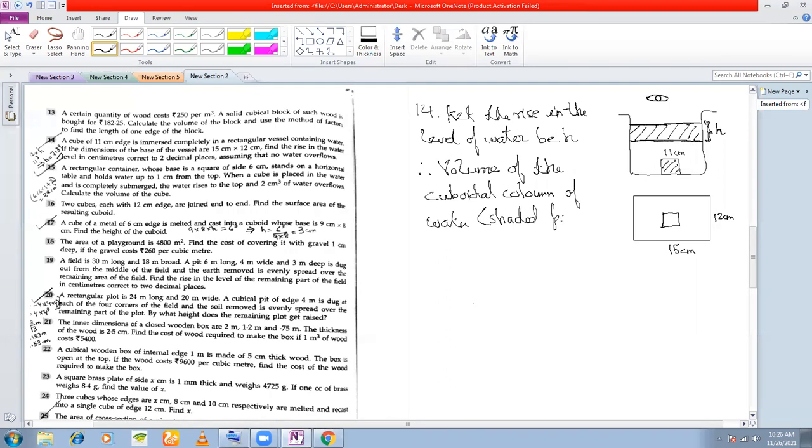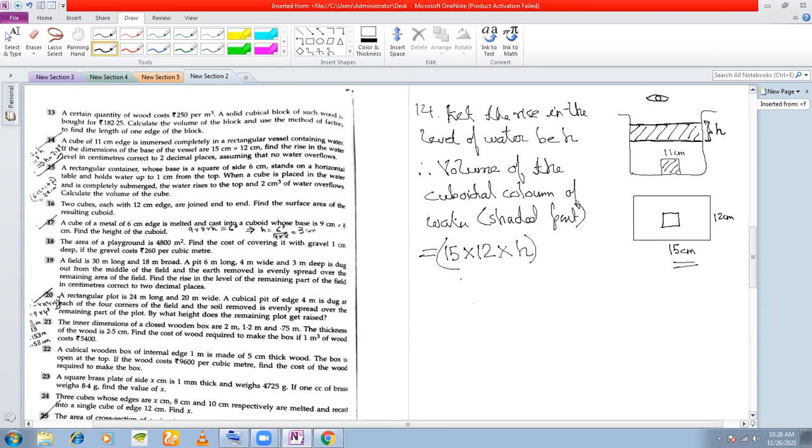Can you tell me the volume? You can apply length into breadth into height. What is the length? If you see from the top, this will have the same base, right? 15, length into breadth into the rise, right?